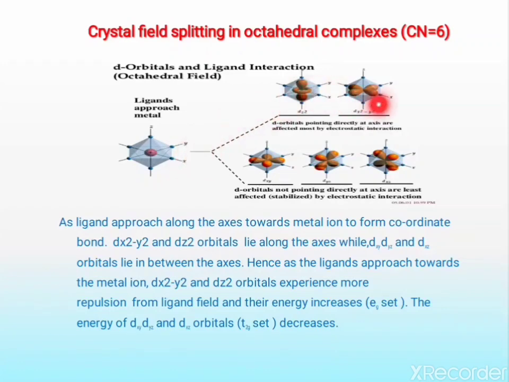Then their energy increases. The energy of the Eg set increases. The energy of dxy, dyz, dzx orbitals decreases because there is less repulsion from the ligand field. That's why their energy decreases.